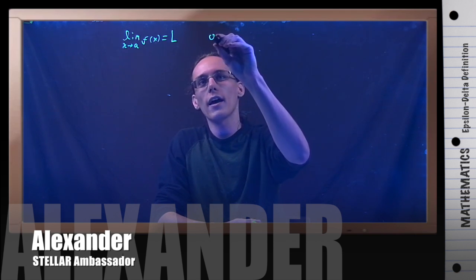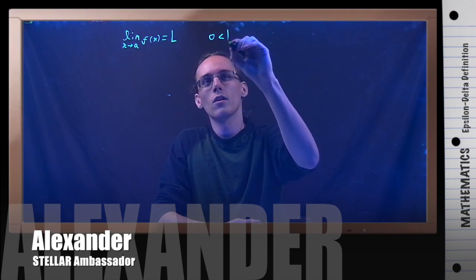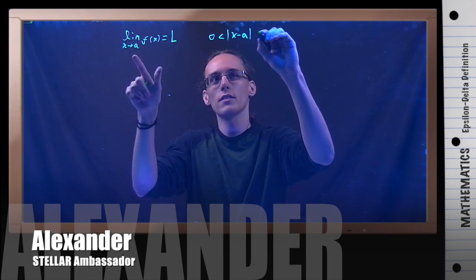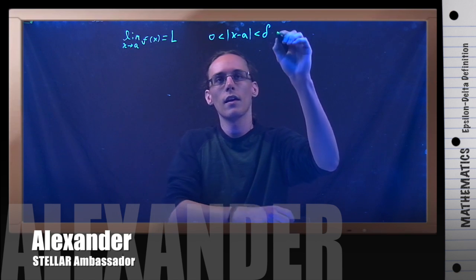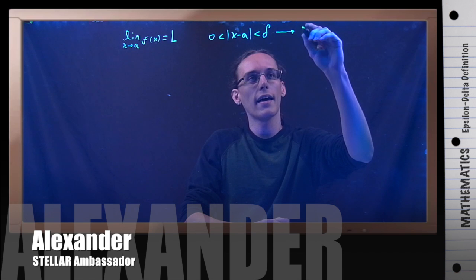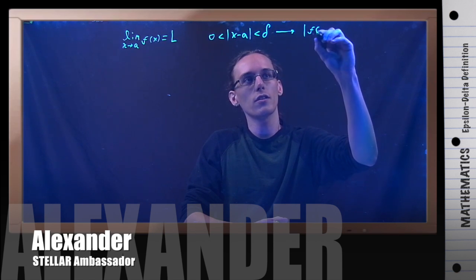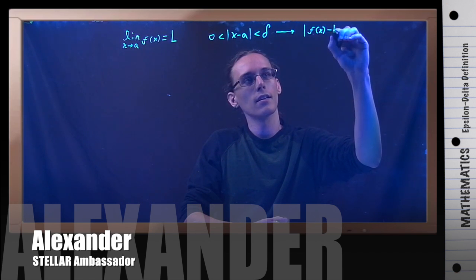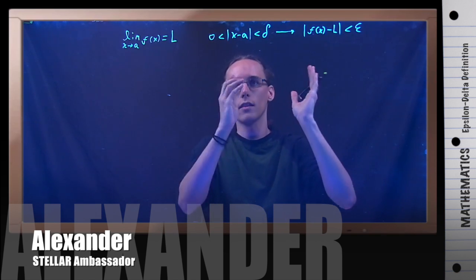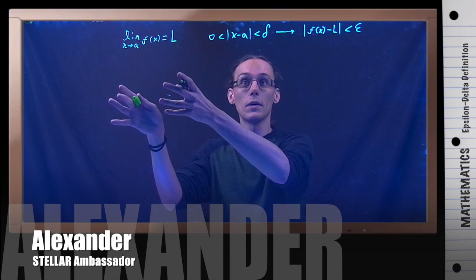You say that if the difference between x and the value it's approaching is less than some delta, and when this is true, it's implied that the difference between the function and its limit is less than some number epsilon, then we say that that is indeed the limit.